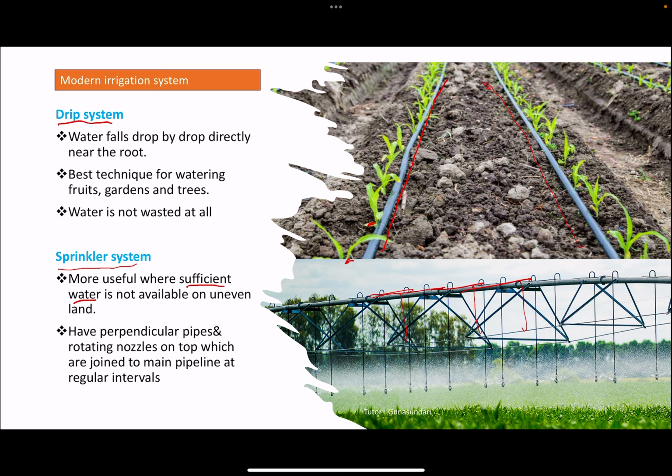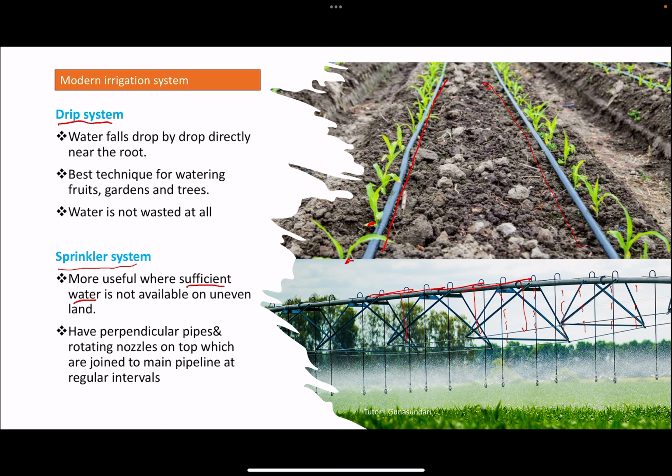And here the water gets sprinkled like a shower, as if it is raining. And this sprinkler is very useful for lawns, coffee plantations and also other crops.